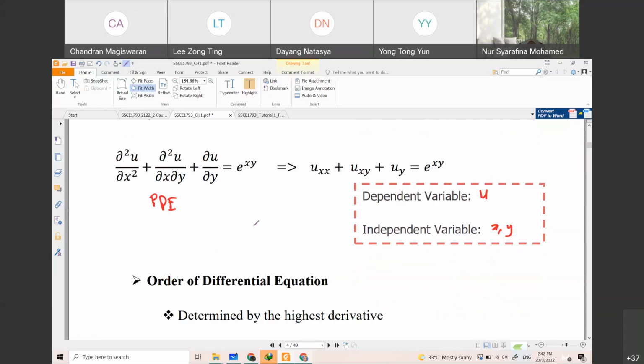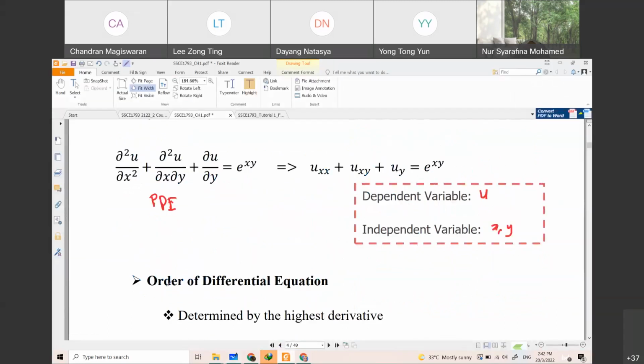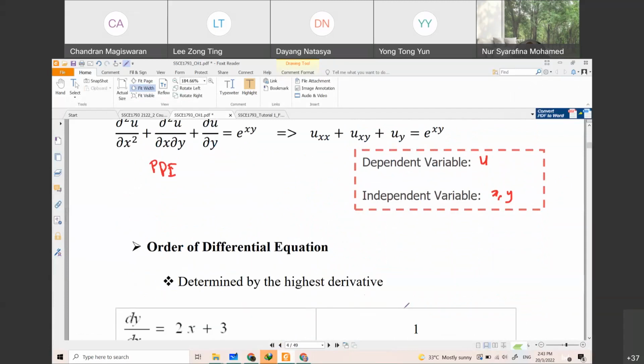Okay. About the order, as you can see, we have first order, second order. How can we identify the order of a differential equation? It is determined by the highest derivative.